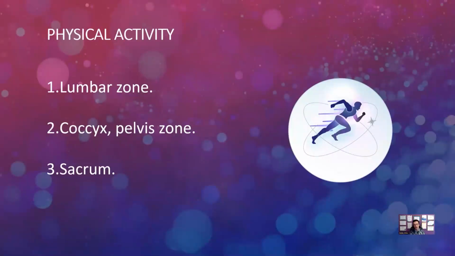So what we are looking at when we talk about physical activity in BioWell, we're mainly concentrated on the lumbar zone, the coccyx and pelvis zone, and the sacrum area that are directly associated with how much we sit. I know many people have passed the BioWell scan and they say, oh yeah, why is it so low?